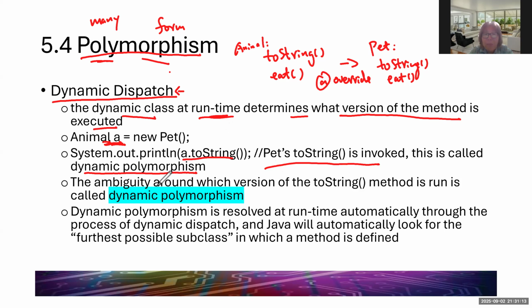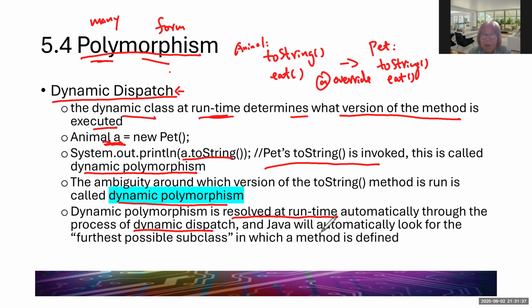So the ambiguity around which version of toString is run is called dynamic polymorphism. Dynamic polymorphism is resolved at runtime, not at compilation time, through the process of dynamic dispatch.